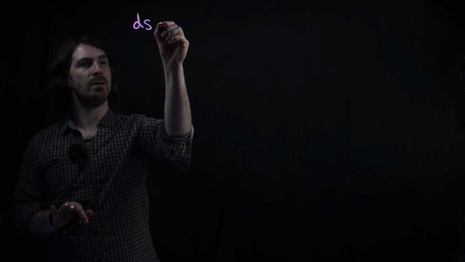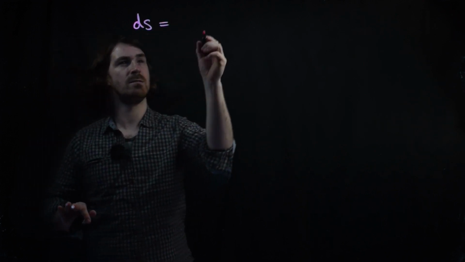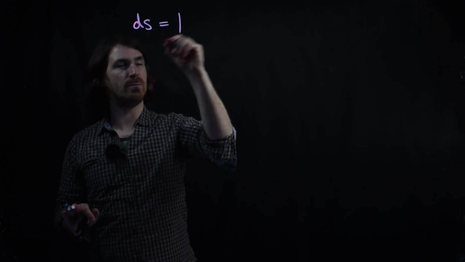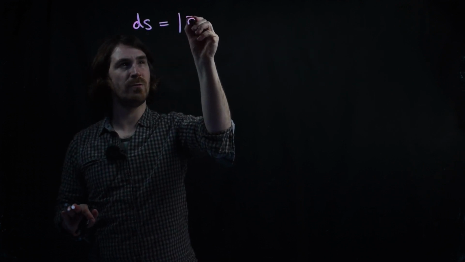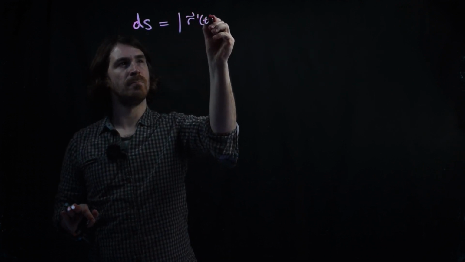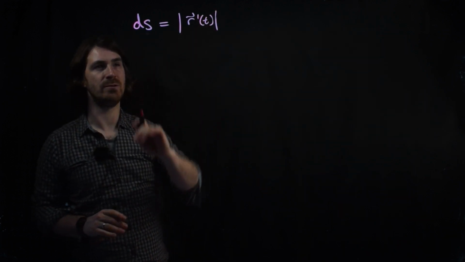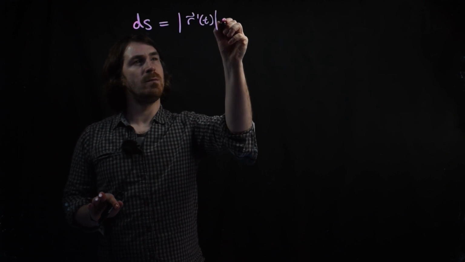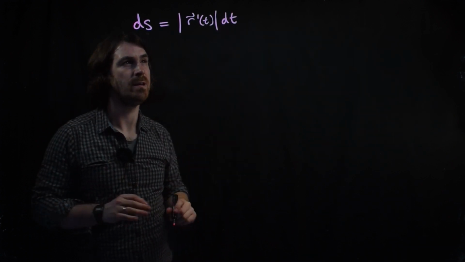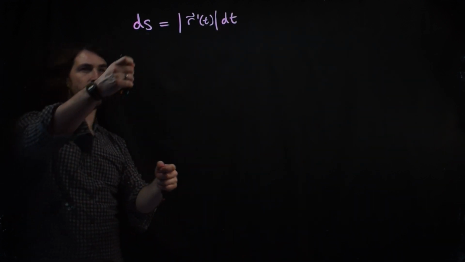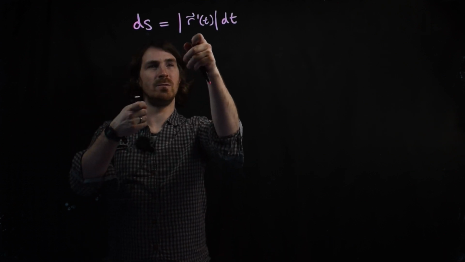To summarize what we just found, we have this element of length, which we call ds, and it's equal to the magnitude of the derivative of the coordinate. So if t is time, this is a velocity, and its magnitude is the speed, times some dt, which may be time. So you can think of this as distance equals speed times time.